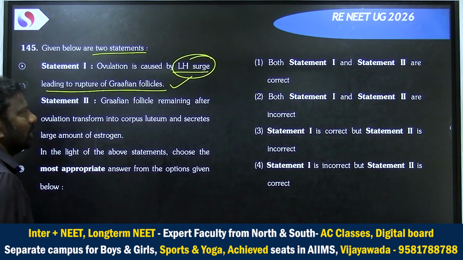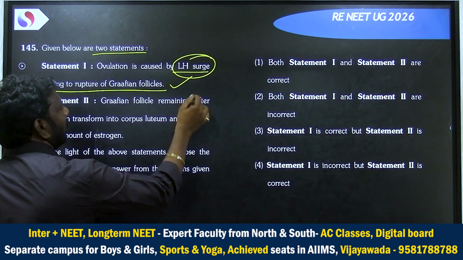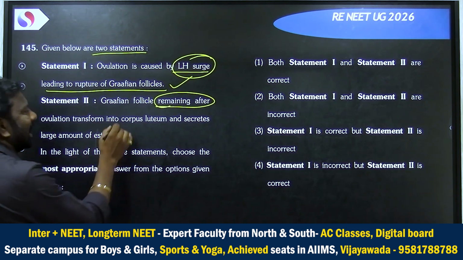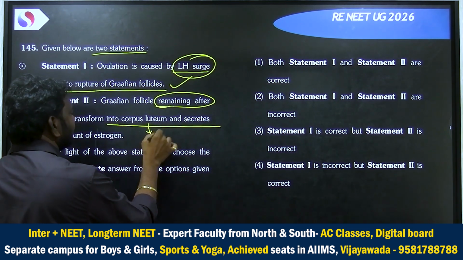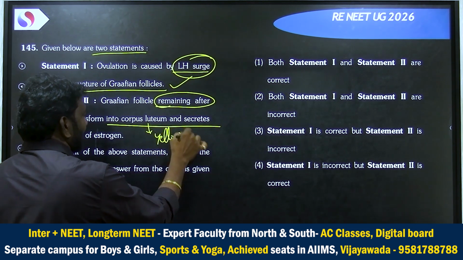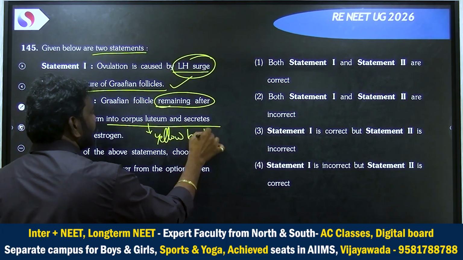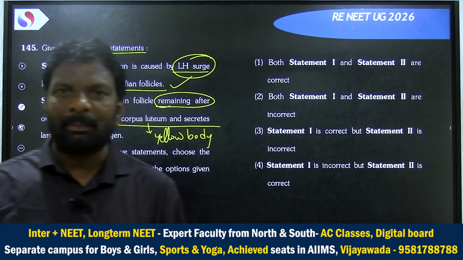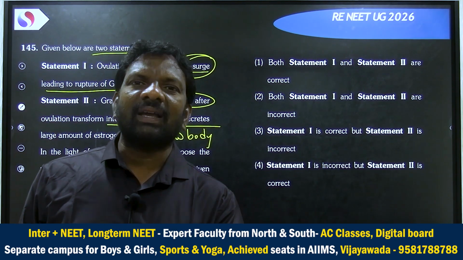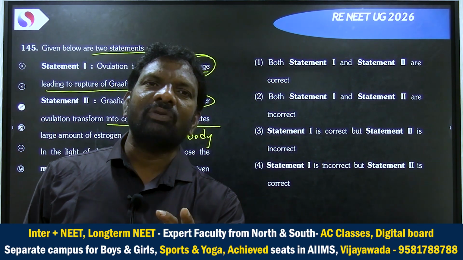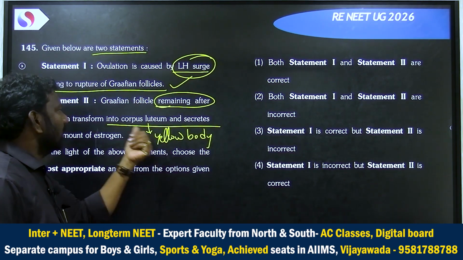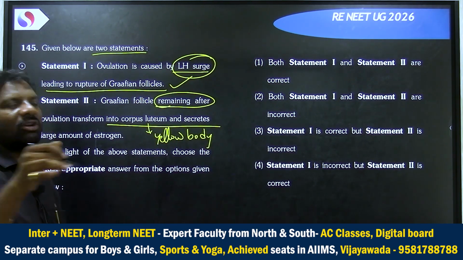The Graafian follicle remaining after ovulation transforms into a yellowish body called the corpus luteum. The corpus luteum is called a temporary endocrine gland because a large amount of progesterone is secreted by it, and a little amount of estrogen.